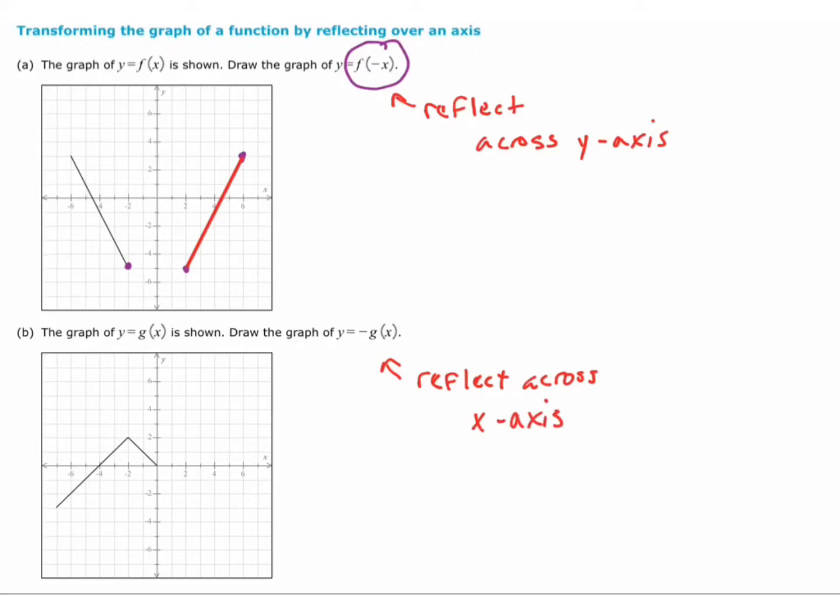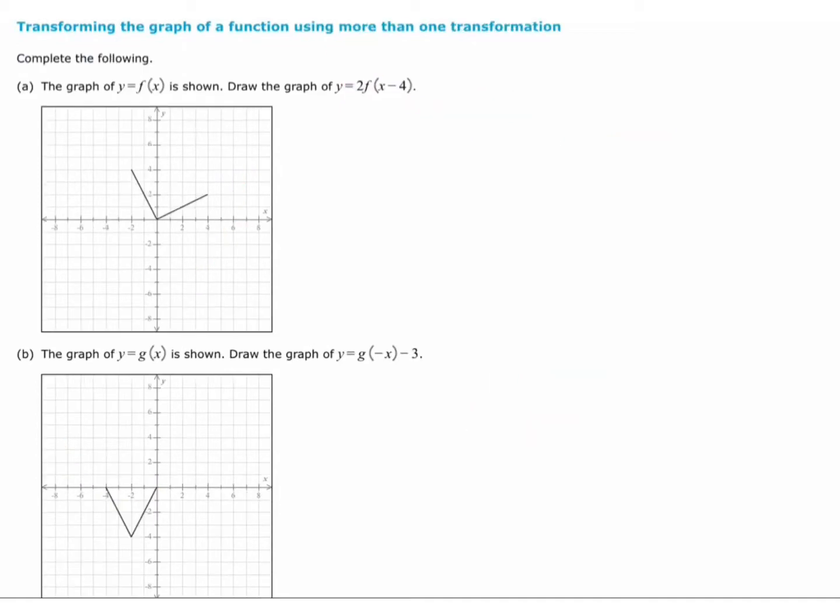For reflecting across the x-axis, this point stays the same. It's on the x-axis. This one stays the same. Here we see this shift down, and we see this shift up. And our graph looks something like that.